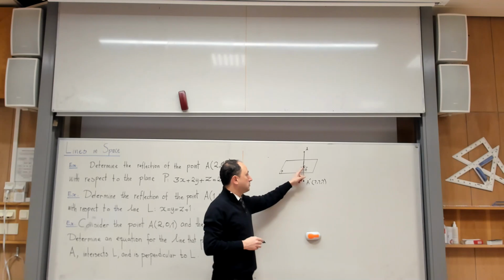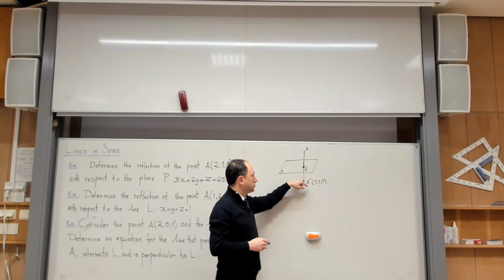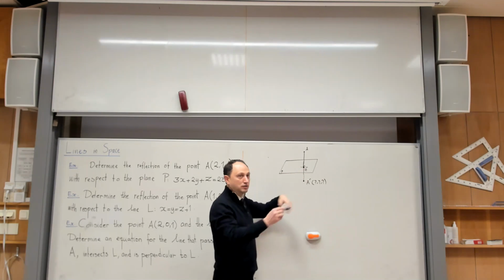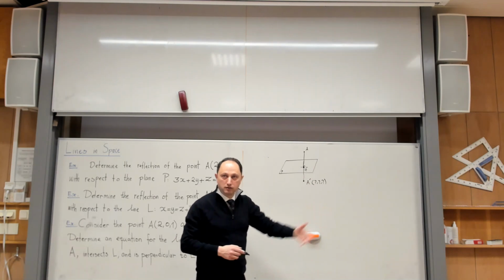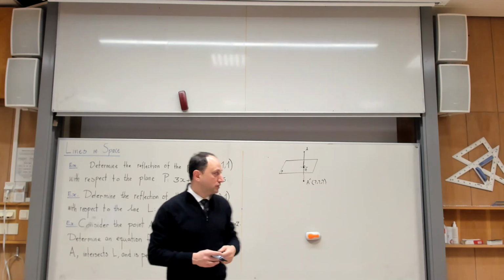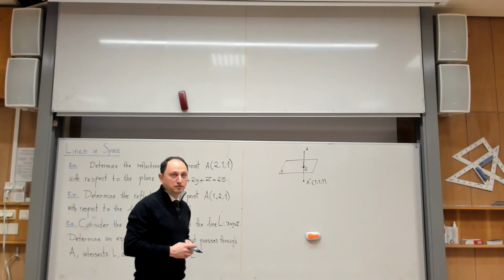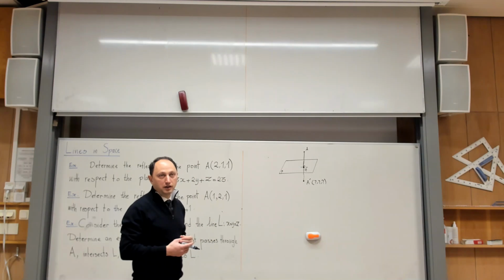Because H is in the middle, the x-coordinate of H is the x-coordinate of A plus that of A prime, divided by 2. I already have the x-coordinate of A. If for some reason I can find the x-coordinate of H, then using that I can find the x-coordinate of A prime. And I can do the same thing for y and z. So I would recommend you to try to find H. But how can I find H?